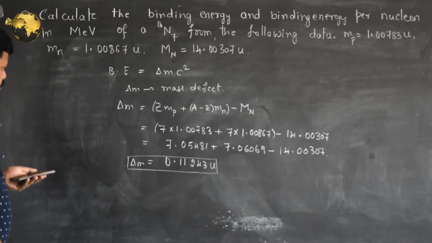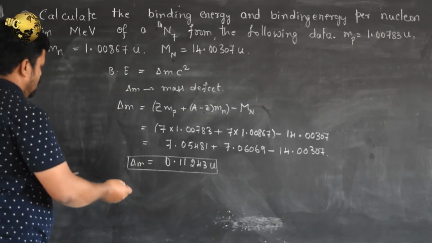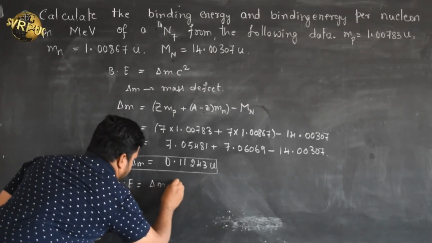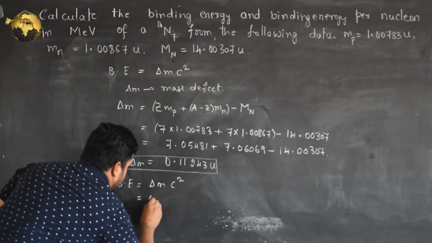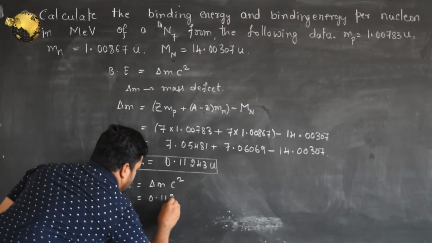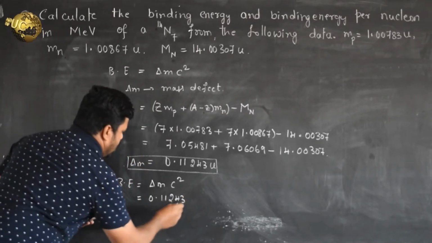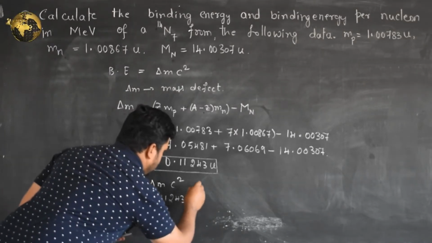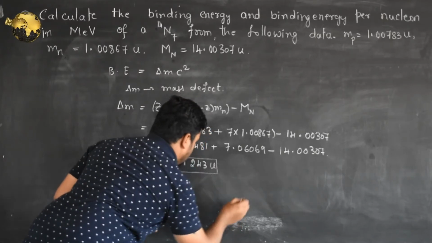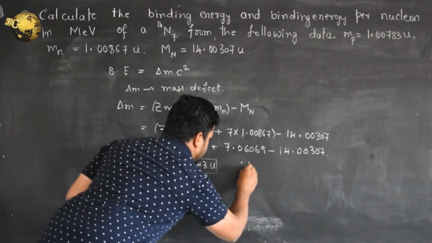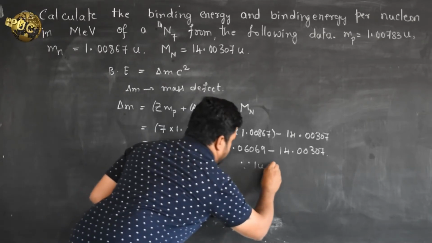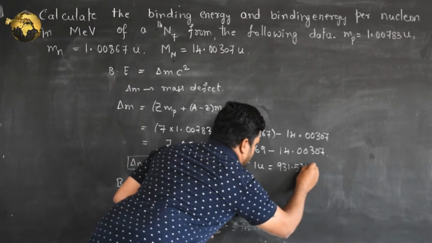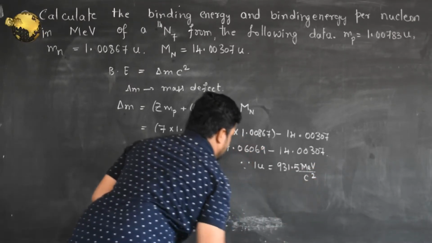Let's find out the binding energy. So binding energy is equal to delta M into c square. Delta M is 0.11243 u. In place of u, I write the conversion factor: 1 u is equal to, remember, 931.5 mega electron volt divided by c square.